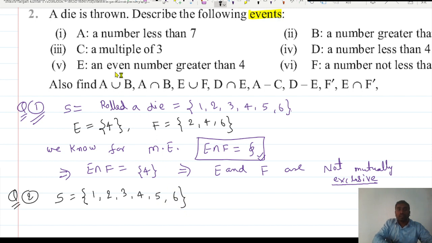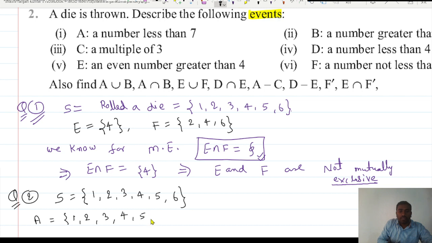First, A is the event of a number less than 7. You can clearly see all the numbers are less than 7, so all the elements will come.